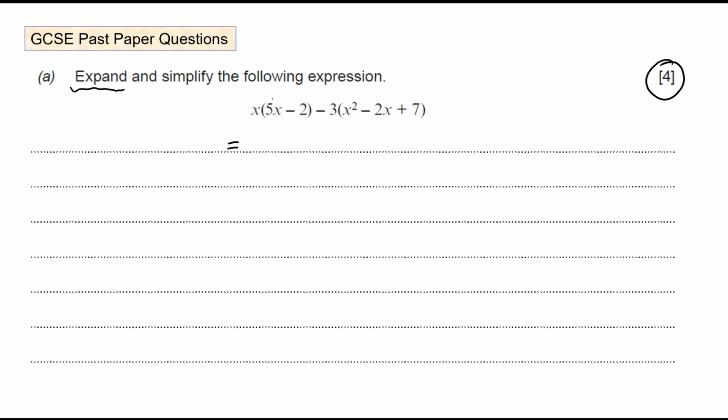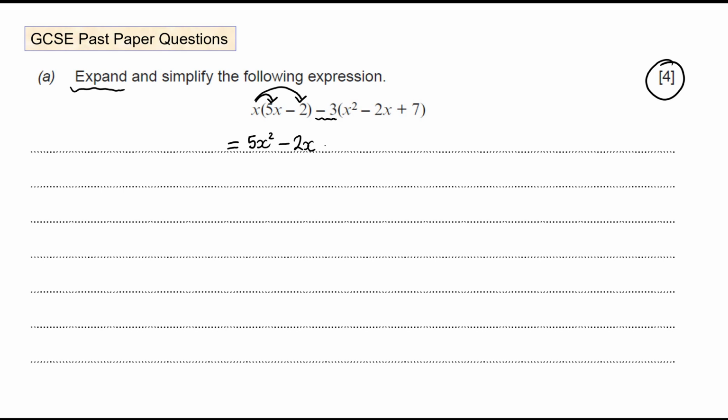Remember, brackets mean multiply, so x times 5x is 5x squared. X times minus 2, positive times negative is a negative. X times 2 is 2x. Here now, everything that's inside the bracket needs to be multiplied by a minus 3, so be careful with this minus 3.